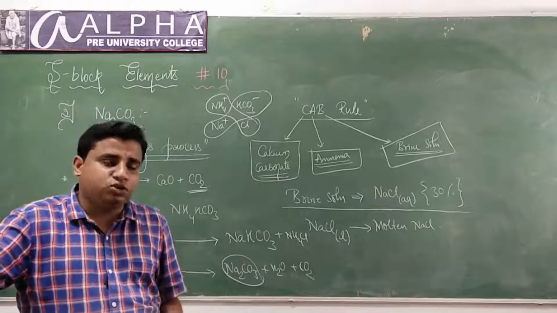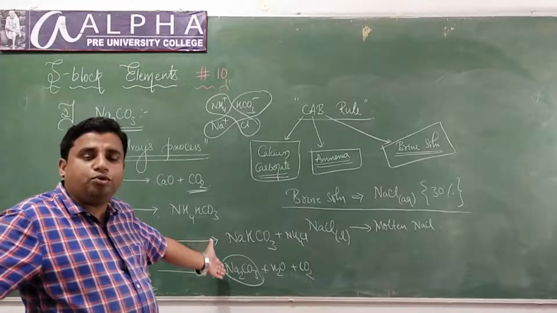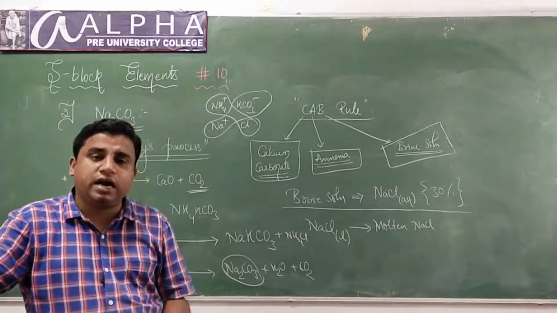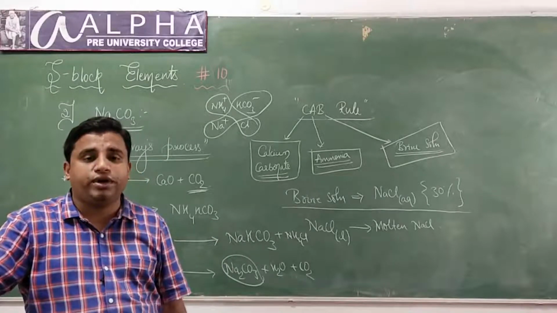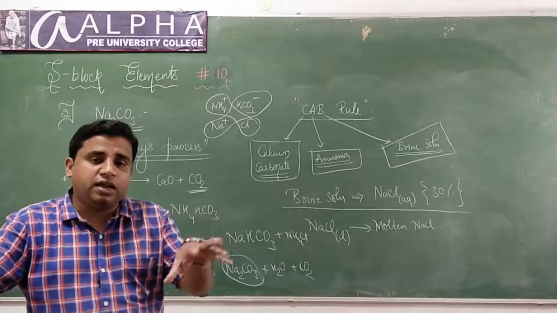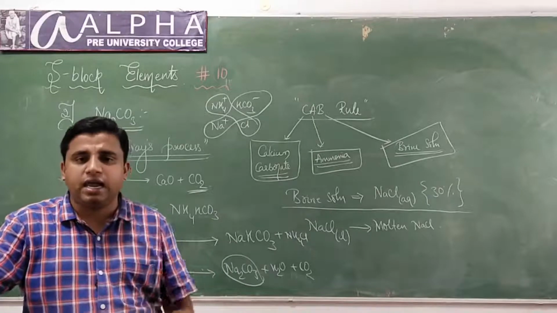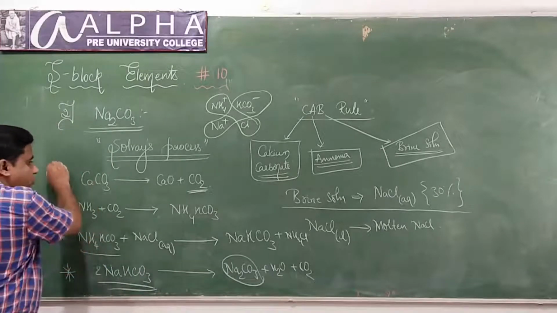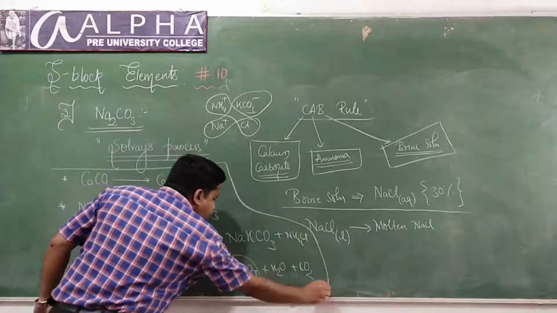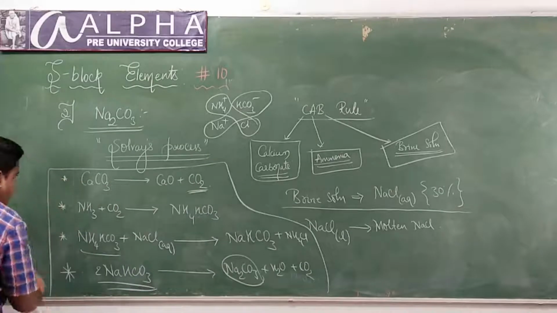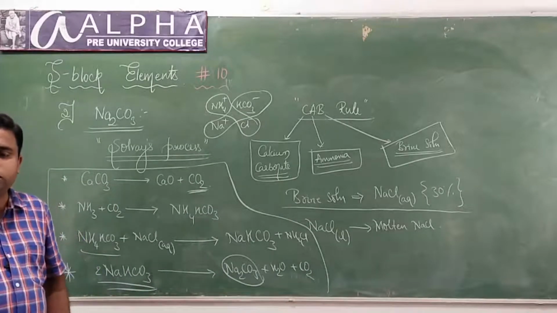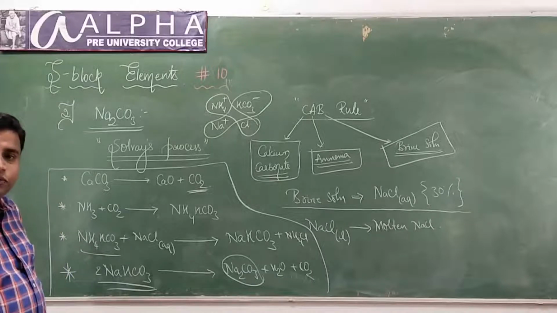They soon decompose to give carbonates. Did we not understand this under the chemical properties, the formation of carbonates and bicarbonates, when we discussed the general chemical properties of alkali metals and alkaline earth metals? Please watch my previous videos. So this is how we prepare sodium carbonate, by the Solvay process. Understood?